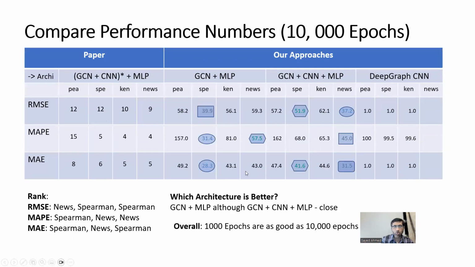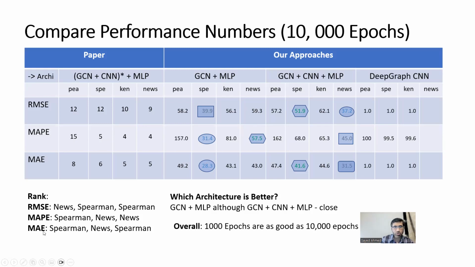So for 10,000 epochs, let's see, RMSE. GCN, CNN, MLP got the lowest RMSE, and then Spearman from GCN, MLP. Then for MAPE, the lowest one is GCN plus MLP, 31, and then Spearman, and then news from GCN, CNN, MLP, and then news from GCN, MLP.